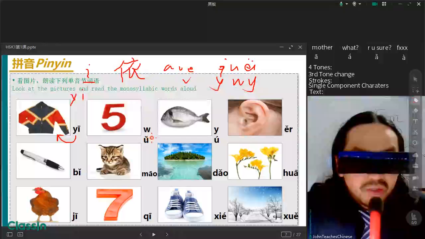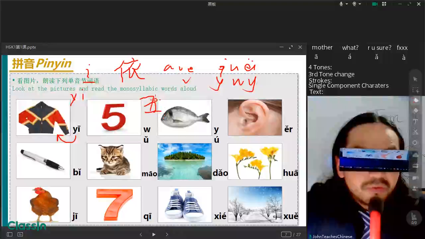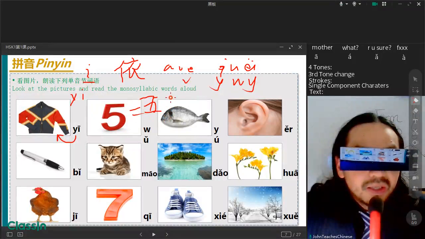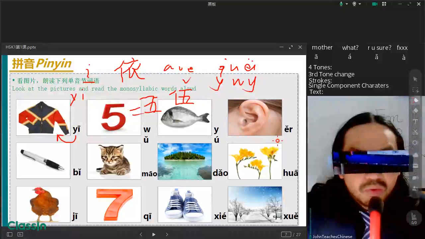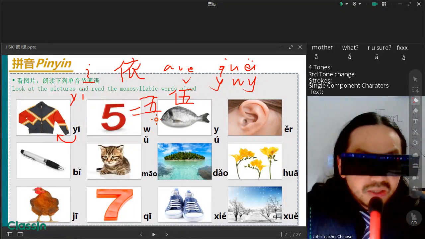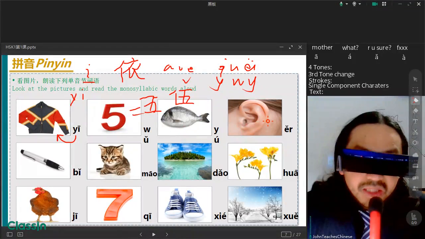Okay. Also, this wu. Okay, it has 5, which is this meaning, but also this sound could match with this one, which is like a group. So here, all of these pictures only give one meaning matching this sound.